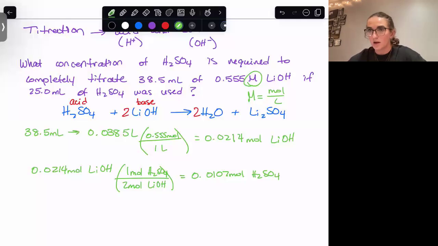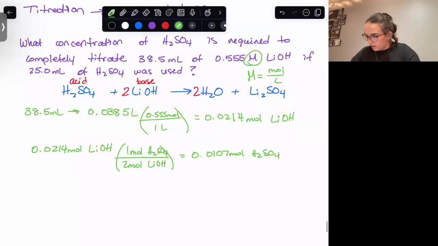Once we have our moles of H2SO4, what can we use in order to find concentration? Good, now this is where we can use our 25 mL. Can we use it directly as 25 milliliters? Nope, we cannot use it directly as 25 milliliters. So we can take 0.0107 moles divided by 0.025 liters.